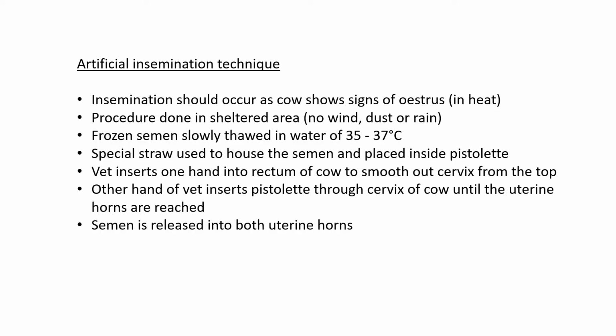So just to make doubly sure that fertilization will happen, some sperm is released in the one fallopian tube and some sperm released in the other one, so that there is a 50-50 chance that some of the sperm will actually fertilize the egg cell.